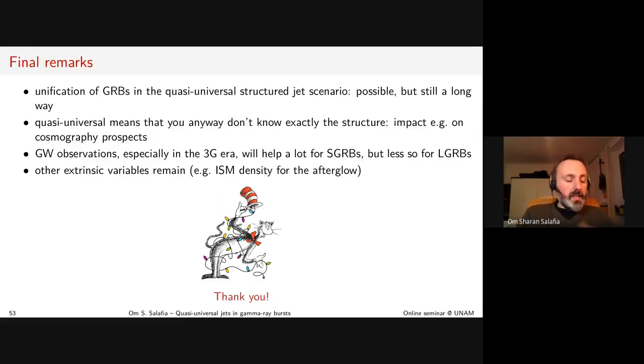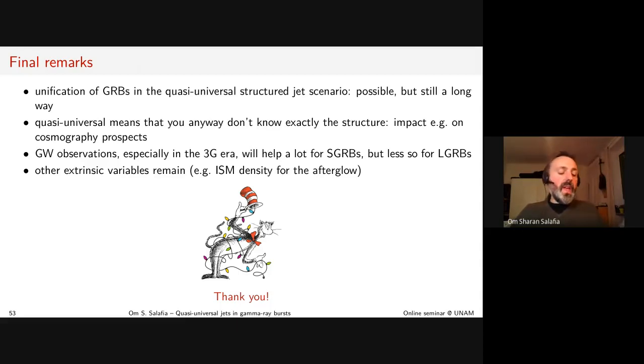So let me just make some final remarks. It is possible that we could unify gamma ray bursts under the quasi-universal structured jet scenario, but it is still a long way off, with a lot of open questions. Anyway, quasi-universal means that you have some degree of intrinsic variability. This has an impact, for example, on the possibility of using gamma ray bursts for cosmography.